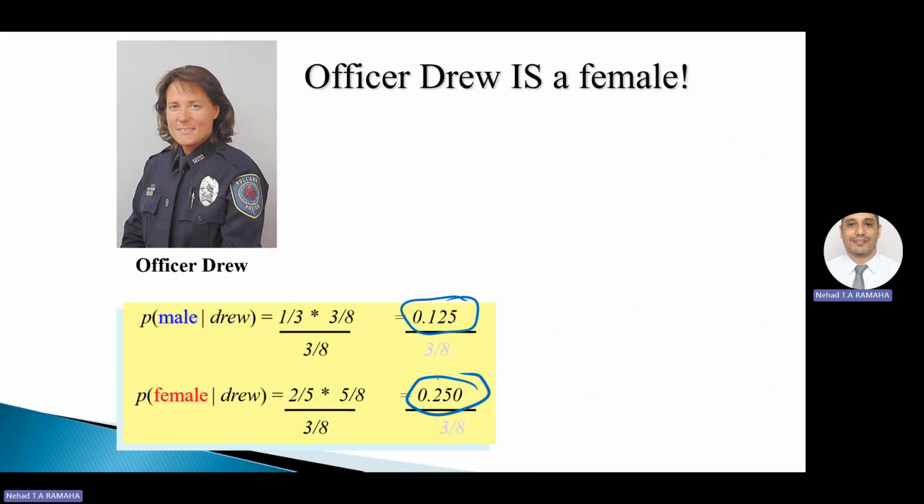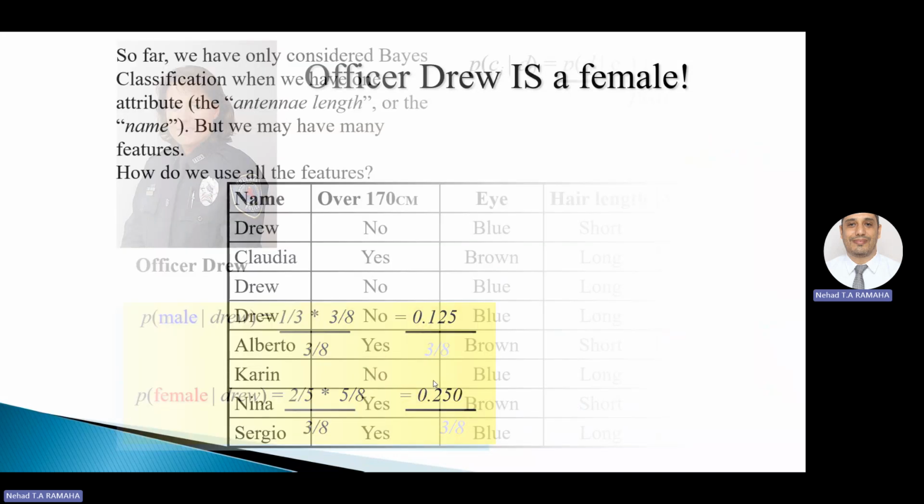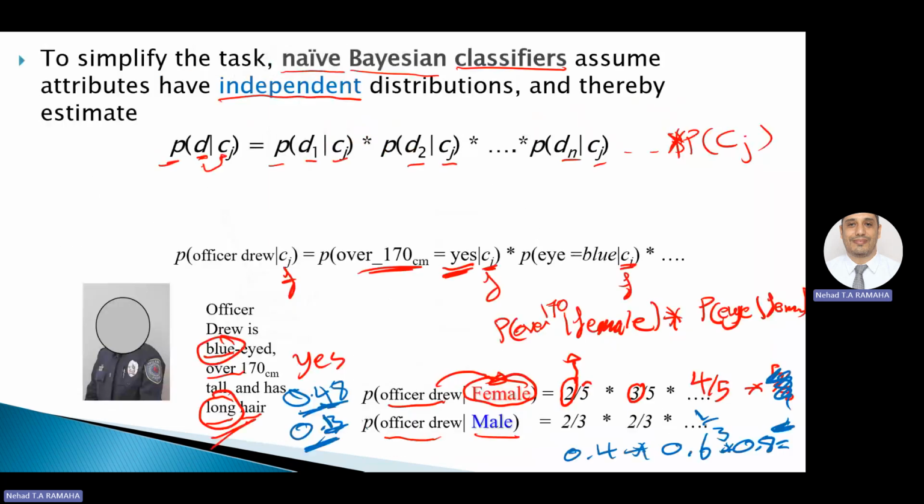See the difference here. It's not a big difference when we have one feature, but with more features the difference becomes greater. So we are more sure now she's a female, yes?